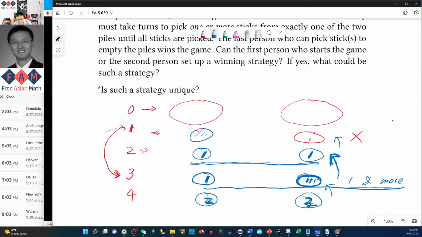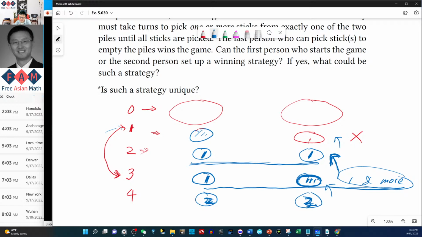He still wants to struggle a little bit. So if it's a 2-2, he can only pick one of them and leave a 1-2 situation. Remember, this doesn't have to be 1-3, just one more. So if this is a 2-2, then this losing player at this round will have no choice but to create this one more situation for the winning player. Anything else, he can avoid such a losing situation.